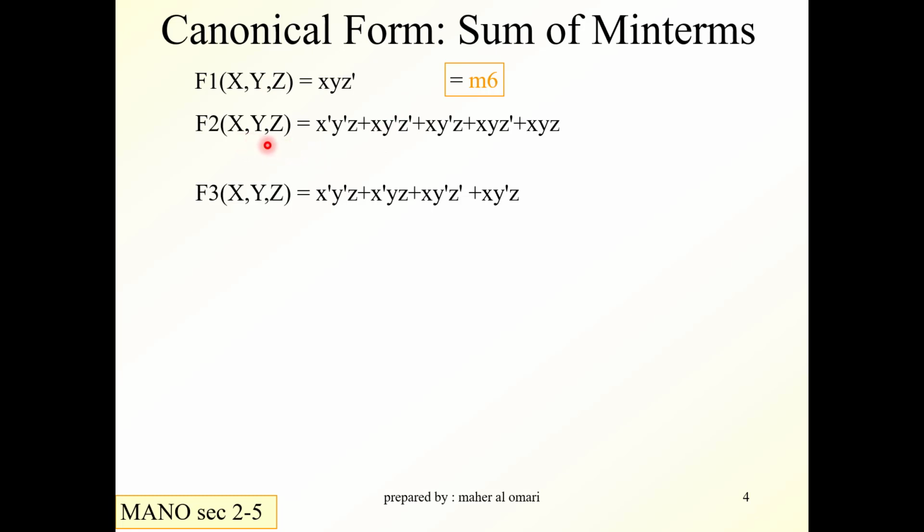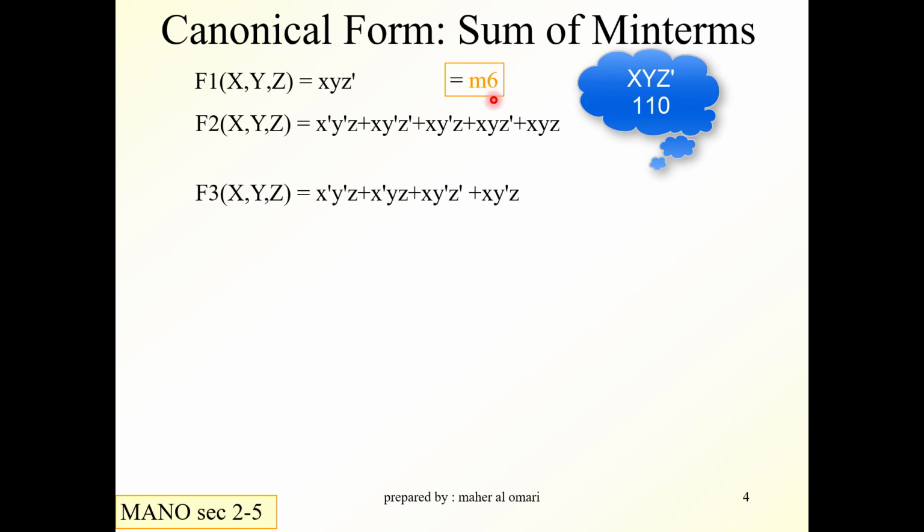f2 has the domain x, y, z, and this is the product term, which is a minterm because it has all the variables in it, and this minterm is minterm 1. And this here is minterm number 4, and this here is minterm number 5. This is minterm number 6. Where did I get this 6 from?